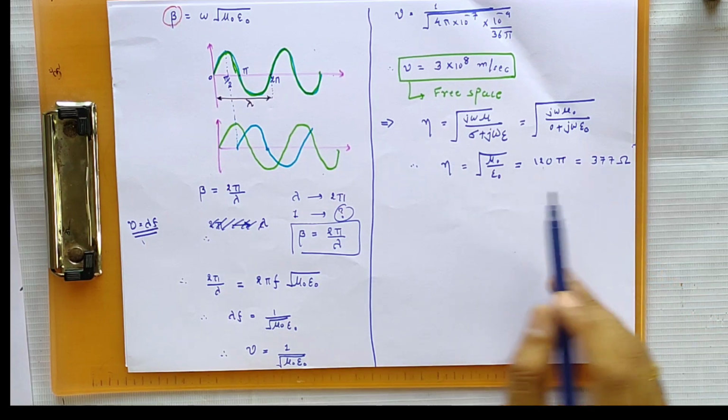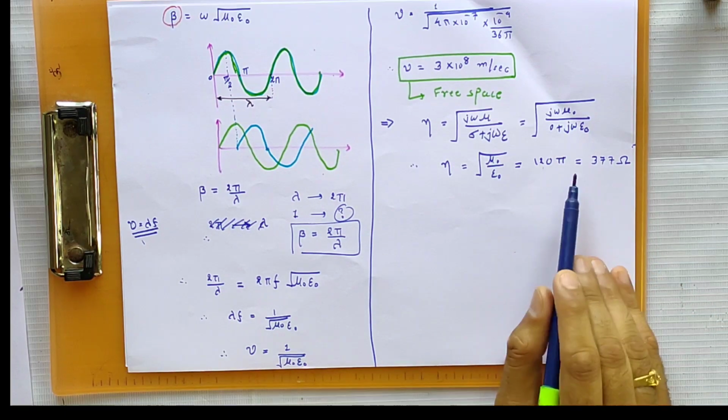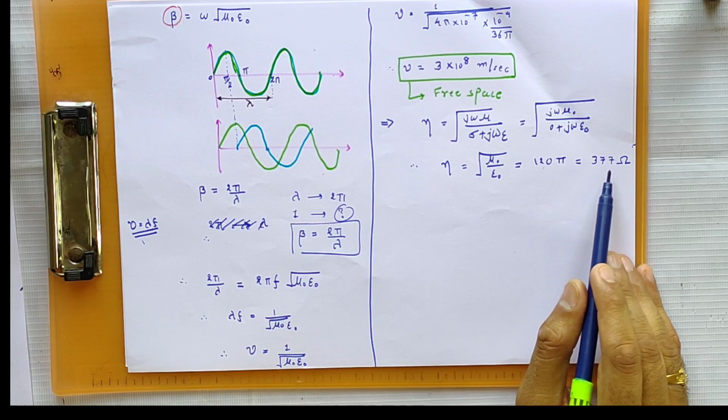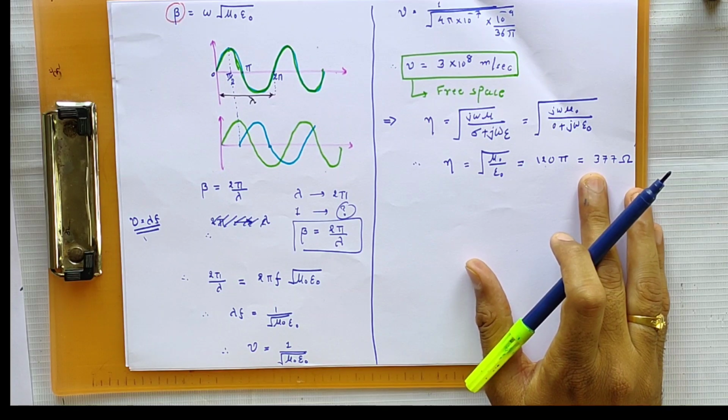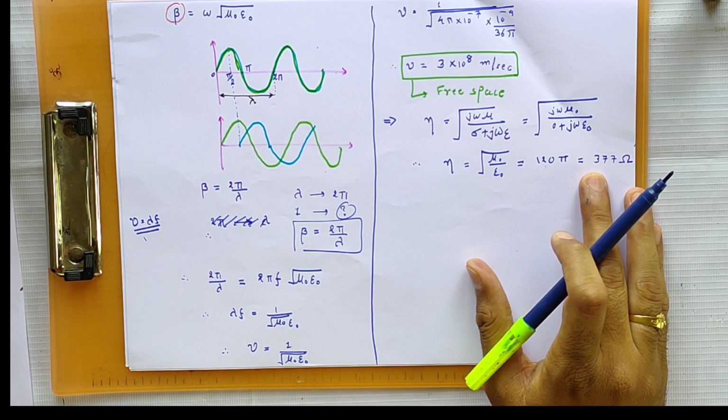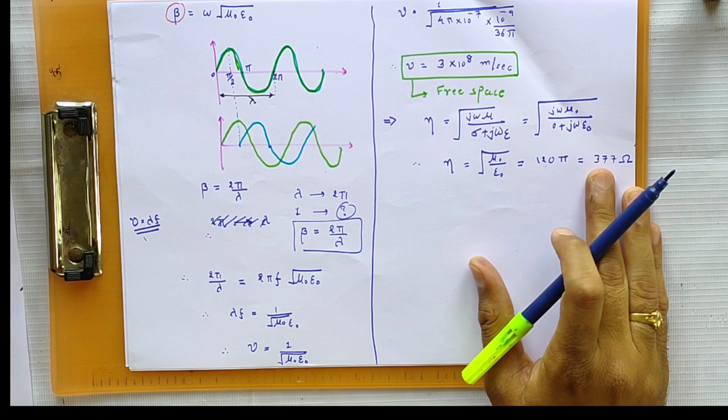It's not a physical resistance. So eta is equal to 120 pi ohm or 377 ohm, and it is a resistance for electromagnetic wave. It's not a resistance for voltage and current, but it's a resistance for electromagnetic wave.